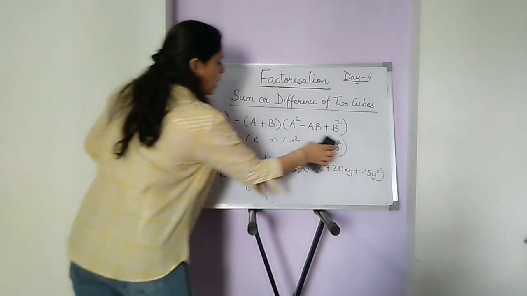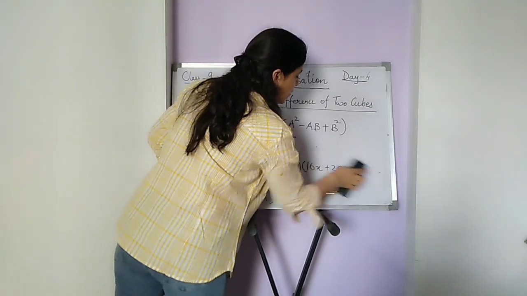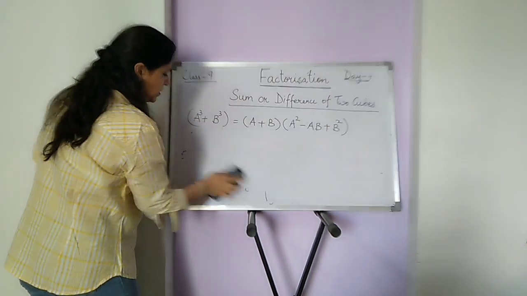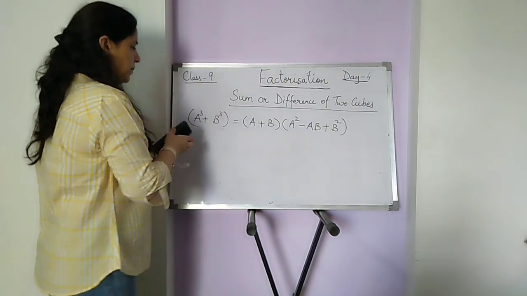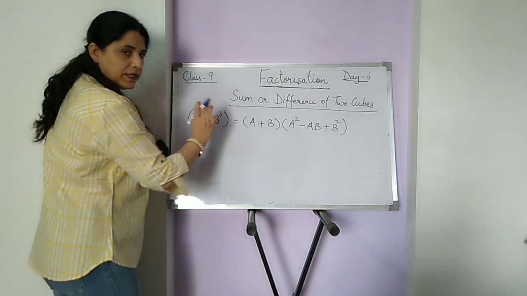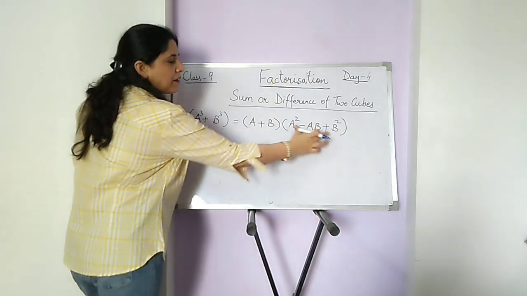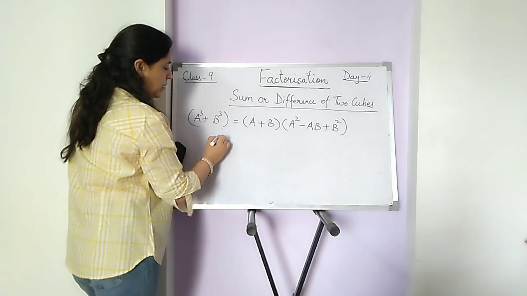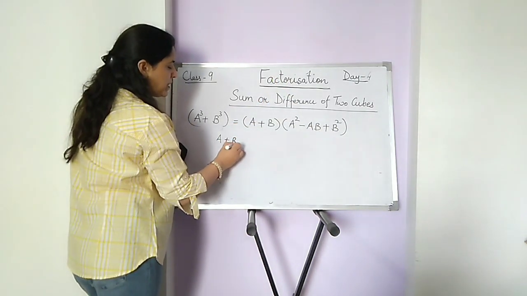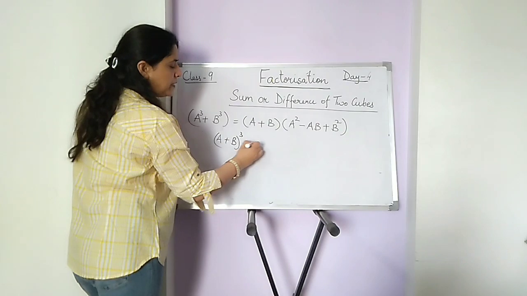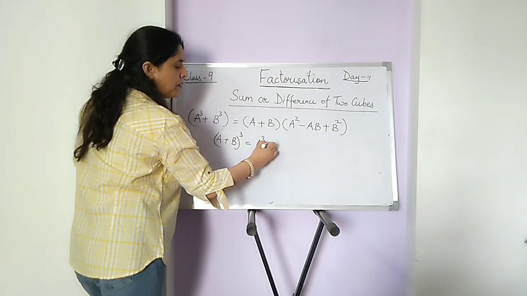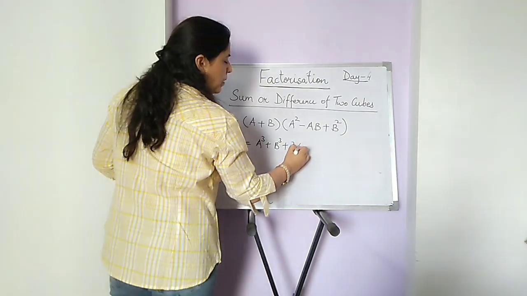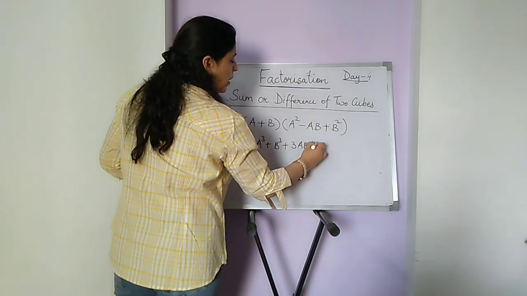How we are getting this formula, though you have done it in class in your expansions, but still let me teach this. This is the factorized form of a cube plus b cube. Now, a plus b the whole cube is equal to a cube plus b cube plus 3ab into a plus b.